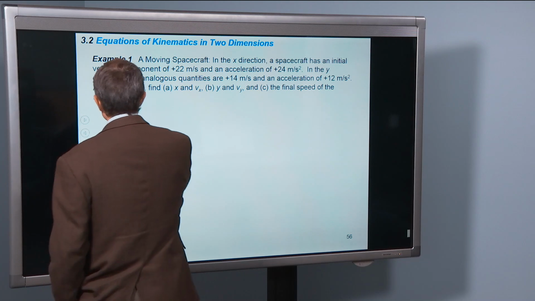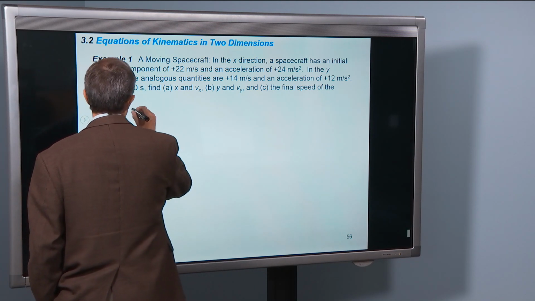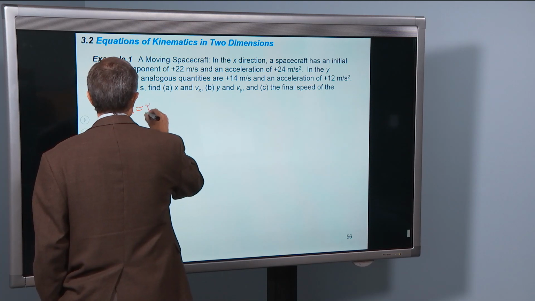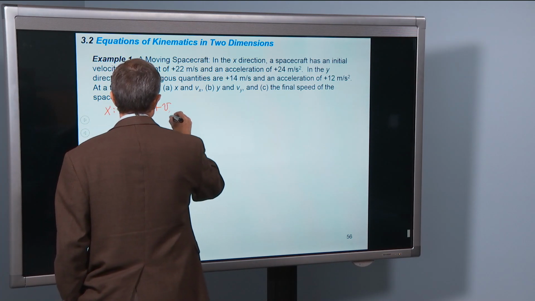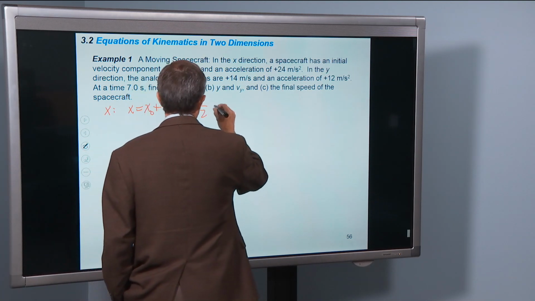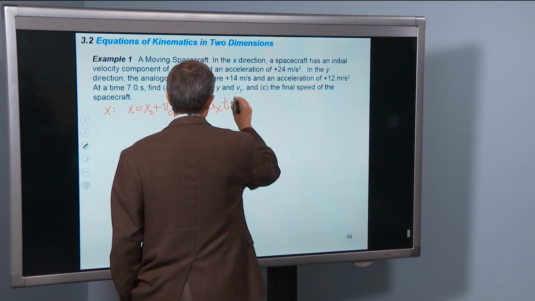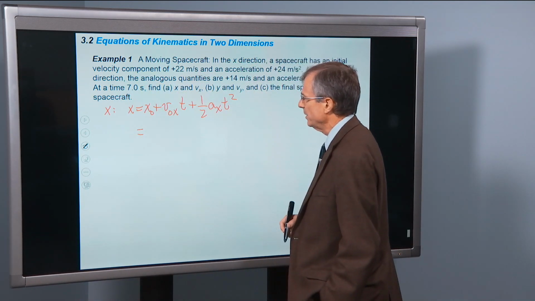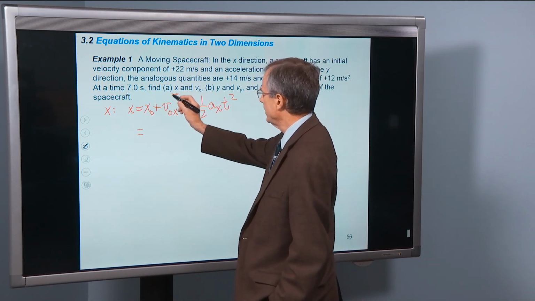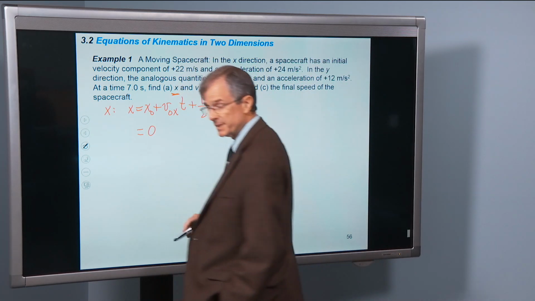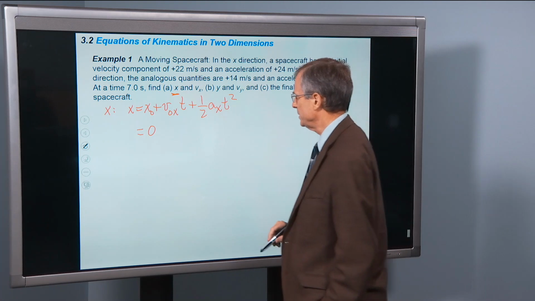So let's talk about x. We've got x equals x naught plus v naught x t plus 1/2 ax t squared. Let's find how far he goes in the x direction. That's one thing we want to find. X naught, let's say that's 0. We can oftentimes take that to be 0.